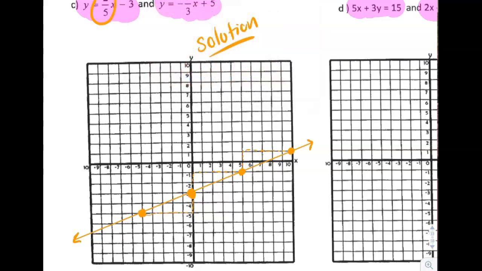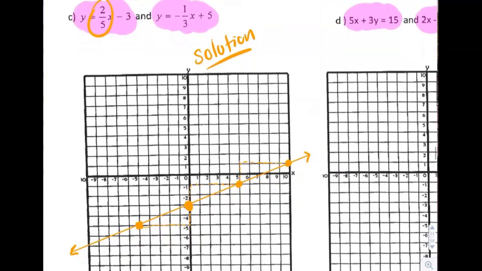And now I'm going to graph the second line. Y-intercept of +5 and a slope of down 1. So I fall 1 and then I run 3. Down 1 over 3.